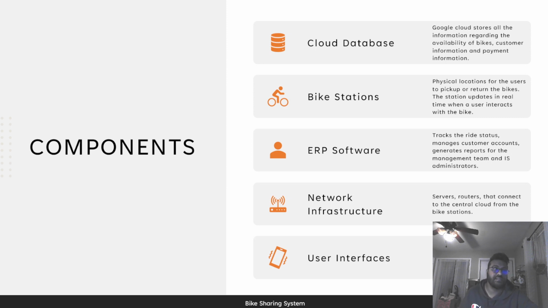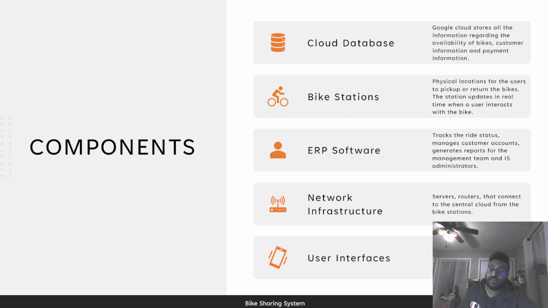The station updates in real time when a user interacts with the bike or the web app. The ERP software, which is connected to the backend Google Cloud like we said before, tracks the ride status, manages customer accounts, and generates reports for the management team as well as the information systems administrators.